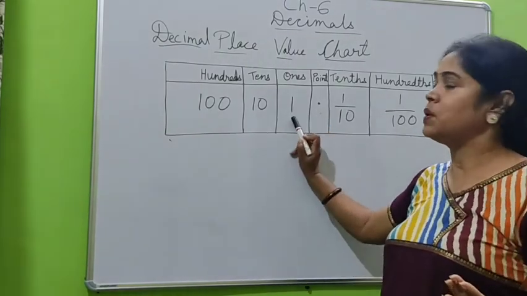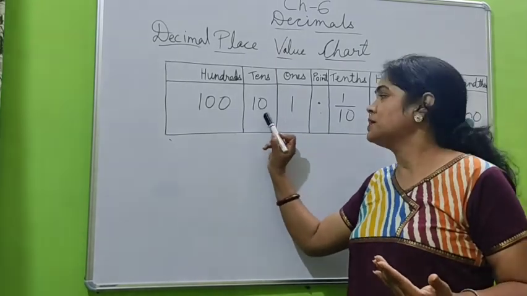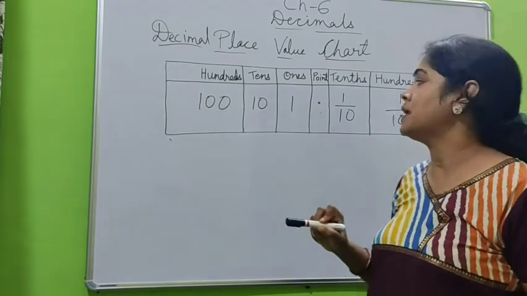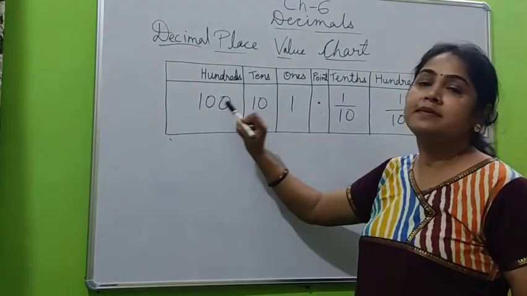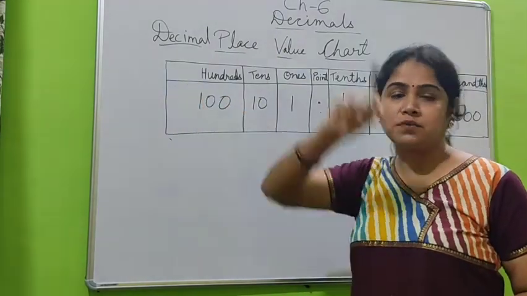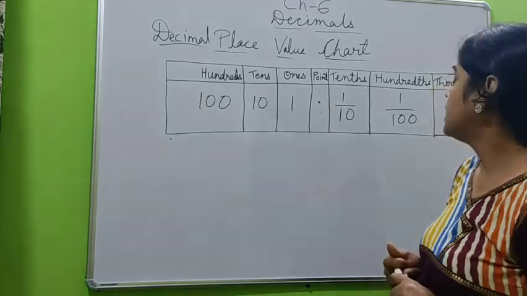Suppose its value is 1, then the next is 10 times more than 1, so it is 10. The next period is 10 times more than 10, that is 100. And 10 times more than 100 is 1000, and so on.